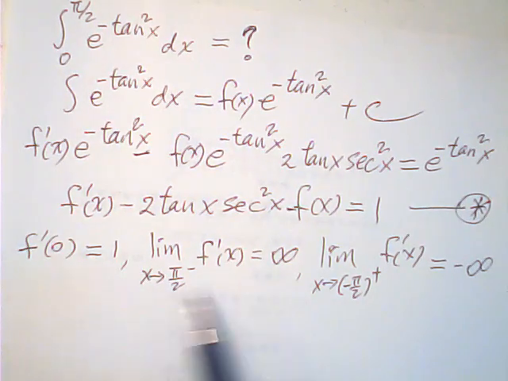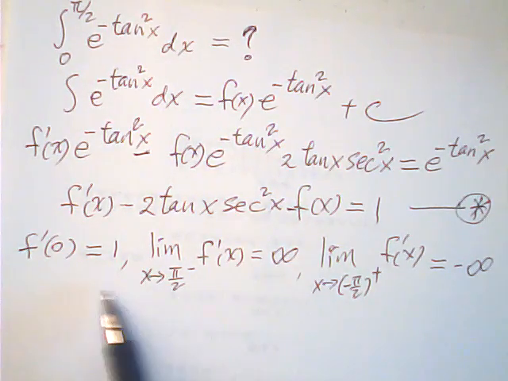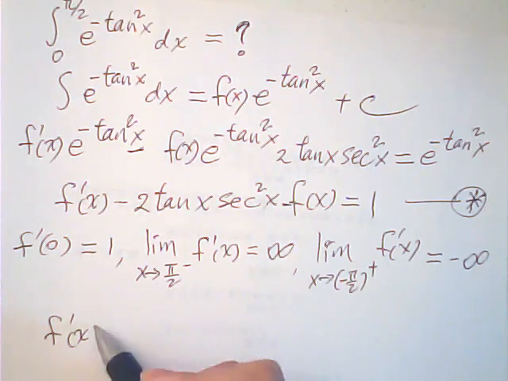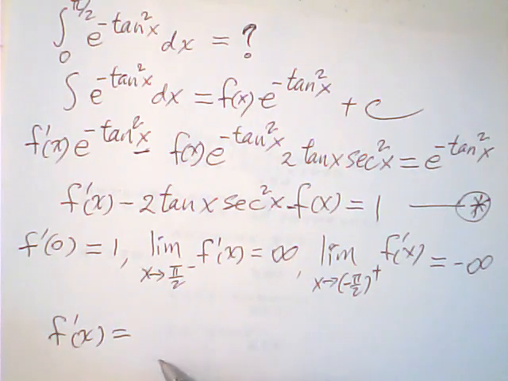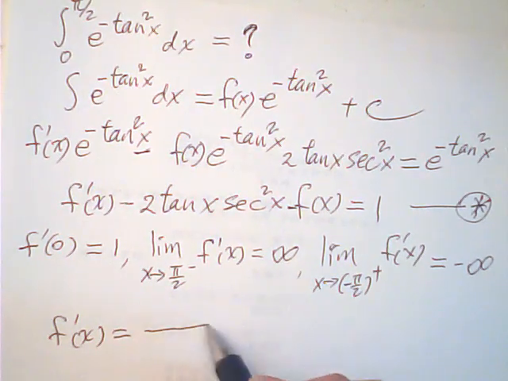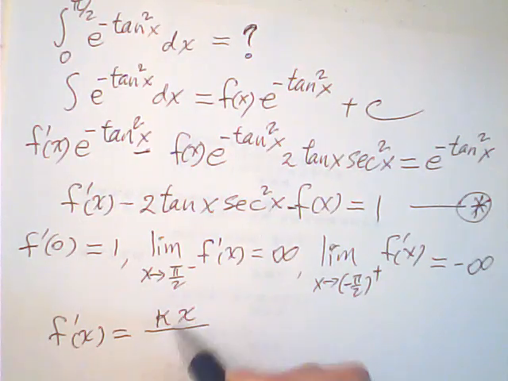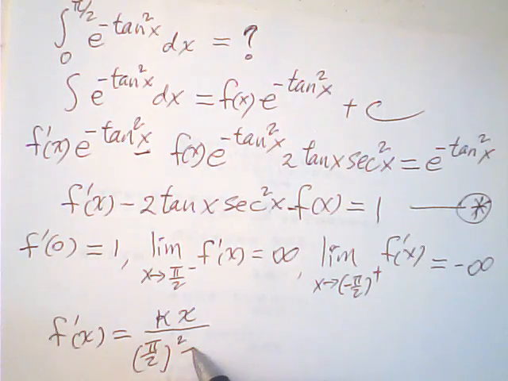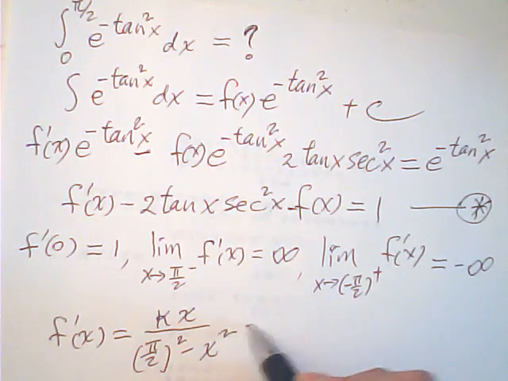Now from these three facts, I can assume that f prime of x is equal to k times x over half pi square minus x square, plus 1.